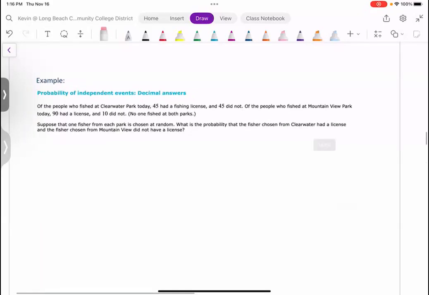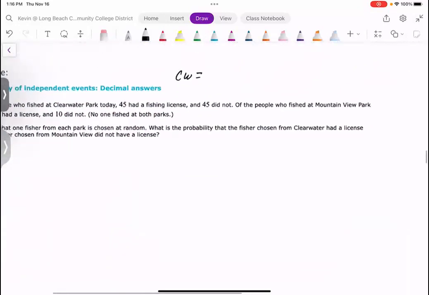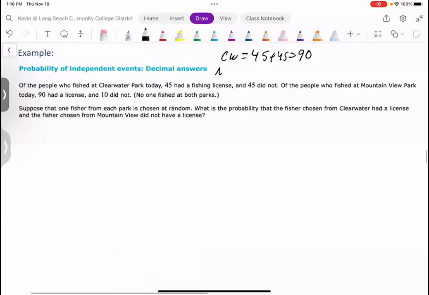I'm going to use CW to represent Clearwater. And the total at Clearwater is the 45 plus the 45. Total of 90 people went fishing at Clearwater, and at Mountain View, there was 90 plus the 10, which is 100.